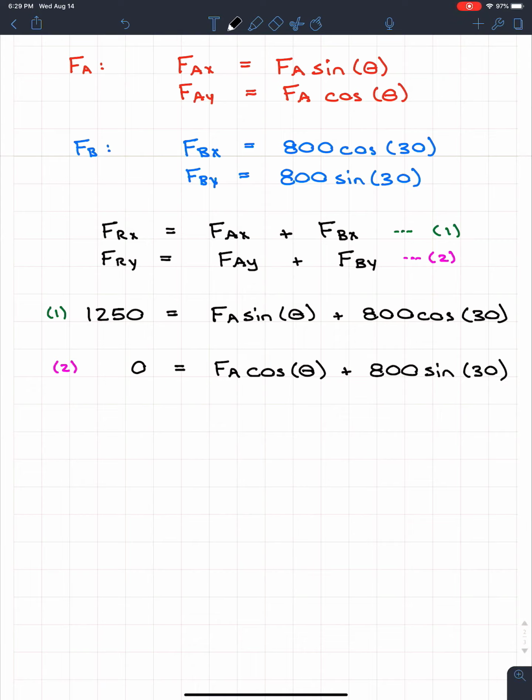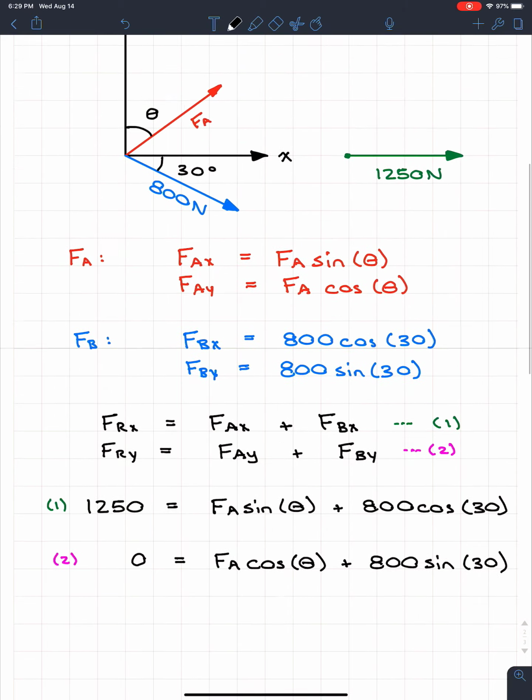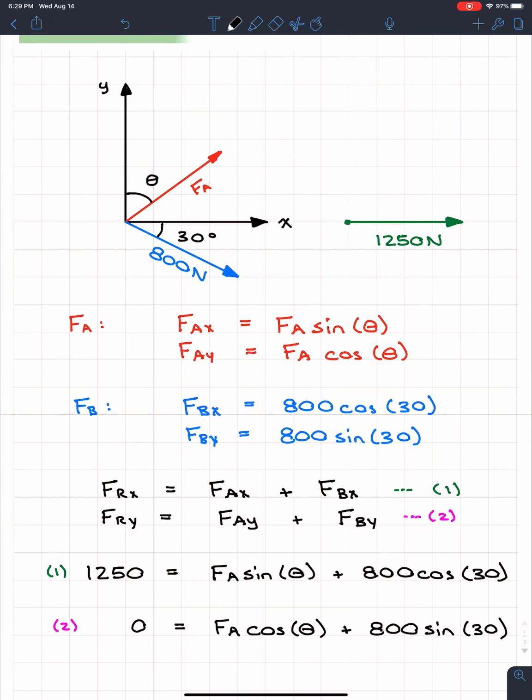So here is where students will start getting mixed up. This is actually wrong, this equation 2. And all the values are right. We put FAX, FAY, and it's fine. But up here, you have to remember about the components. So FBY is actually going downwards.